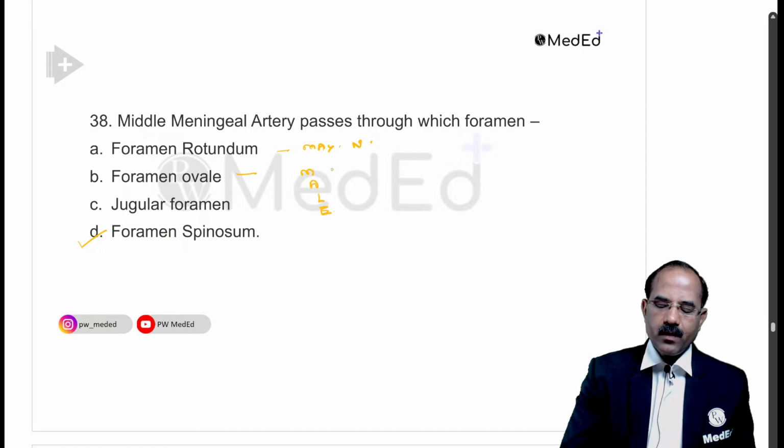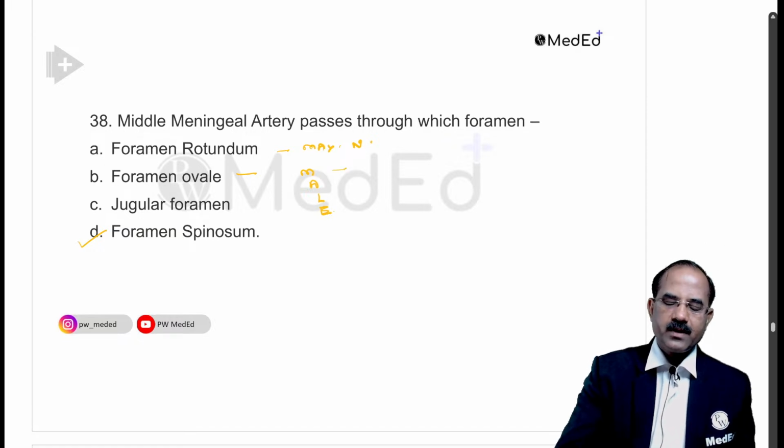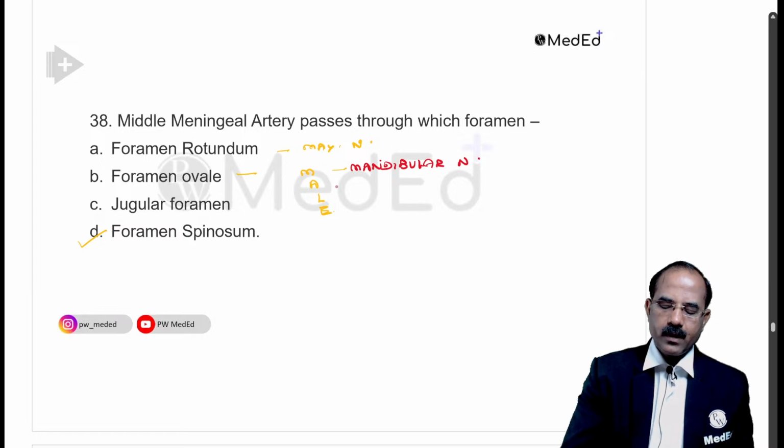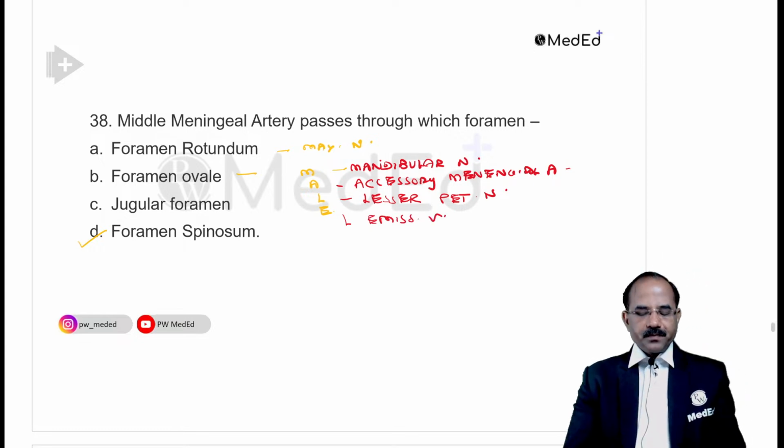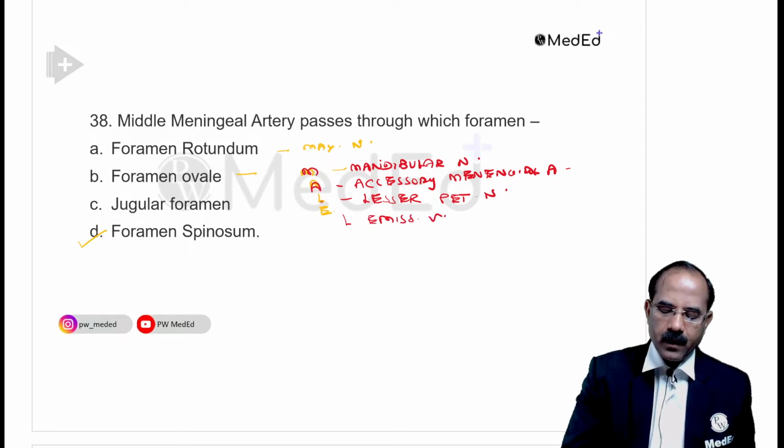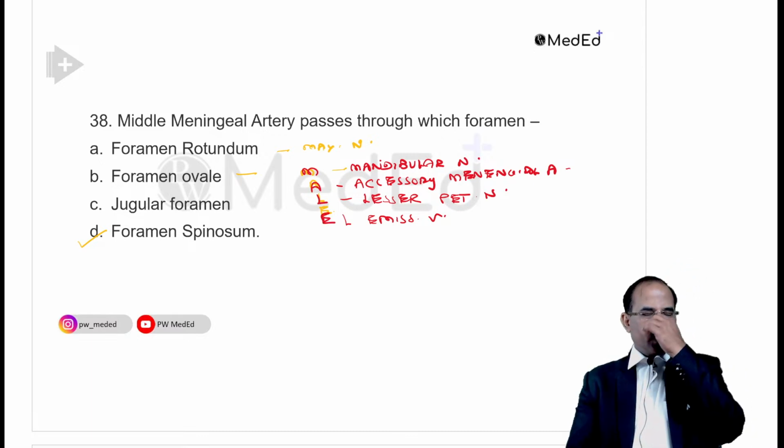M-A-L-E, male. What's M? M, students, M? M is the mandibular nerve.